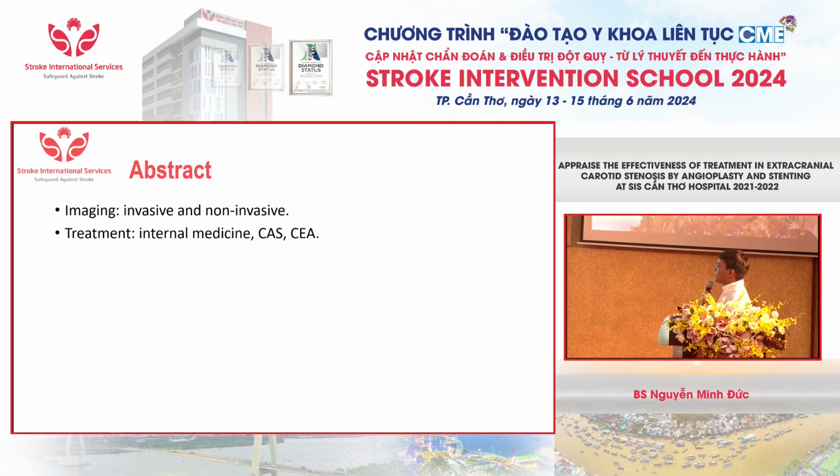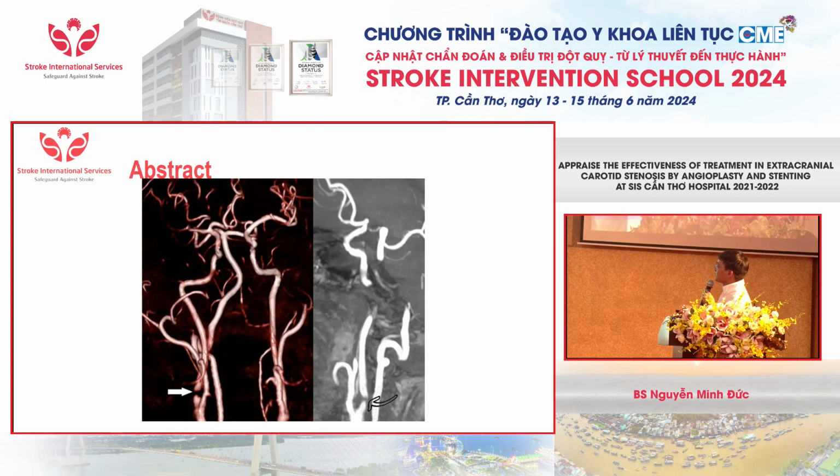So for treatment, we have internal medicine, CAS or CEA. Internal medicine is the treatment for all patients with extracranial stenosis. But if the degree of stenosis is over 50%, we select patients indicated for CAS or CEA.